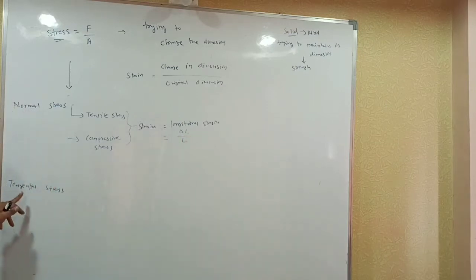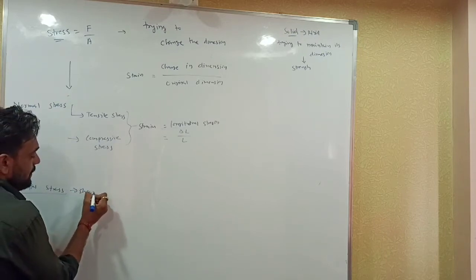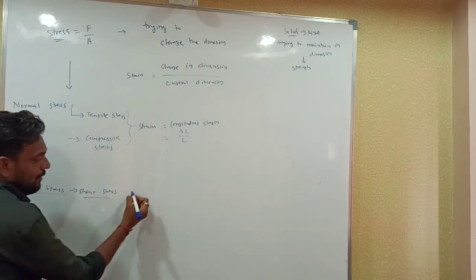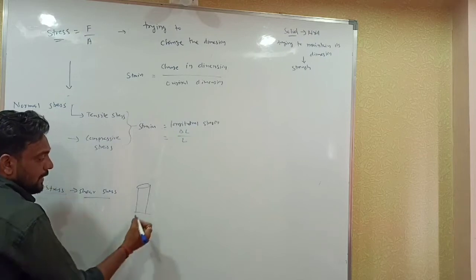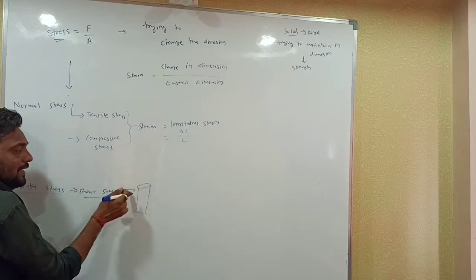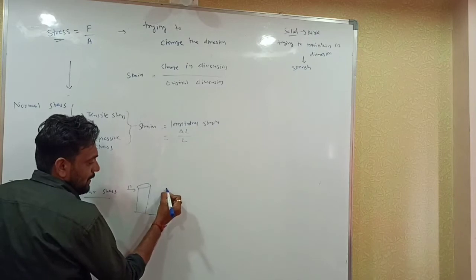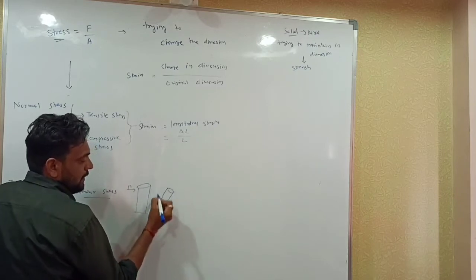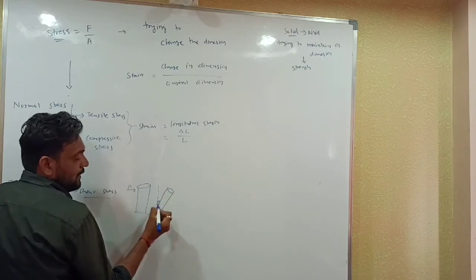And suppose the tangential stress, nothing but shear stress. When we apply the shear stress on any object, suppose this is the object and the force is applied like this, meaning the resisting area and the force are parallel to each other, then the object is trying to bend, and this angle will change.